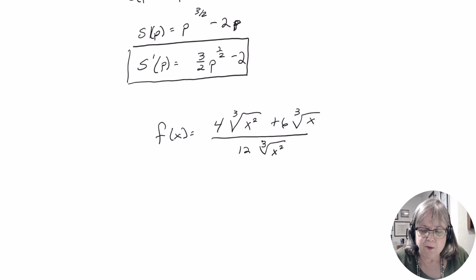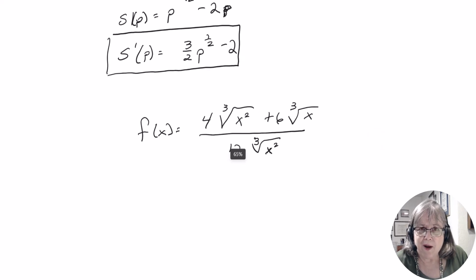Now, derivatives don't understand square roots, okay? Derivatives understand powers. So I've got two things going on here. I don't know how to do a fraction derivative yet. You'll know after the quotient rule. But I know the power rule, and I have a monomial down here in the bottom. It's one term, so I can split it up.